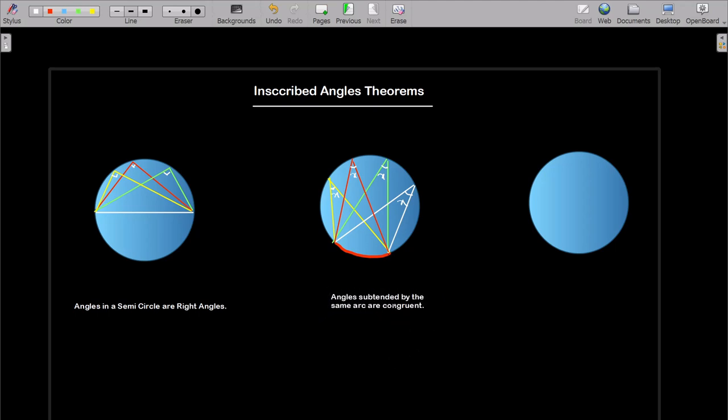And the third theorem says that, again I will take an arc.